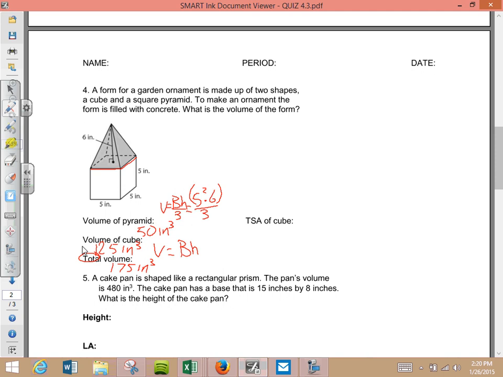I could have said that you just needed to add them. Guys, what does the word total mean? Everything, all together. Total volume. Volume of 1, volume of 2. What is the total volume? Separately, yes. You got 175?